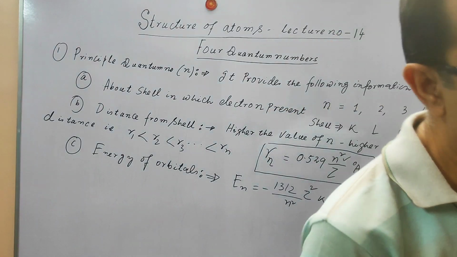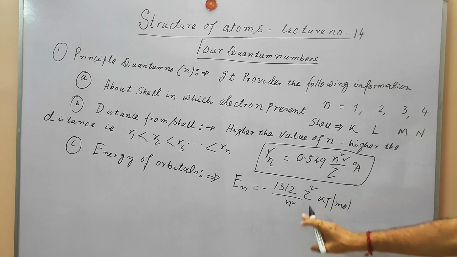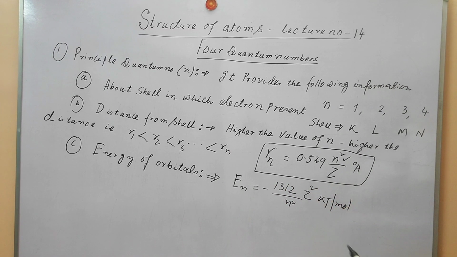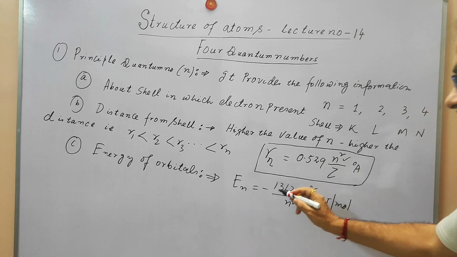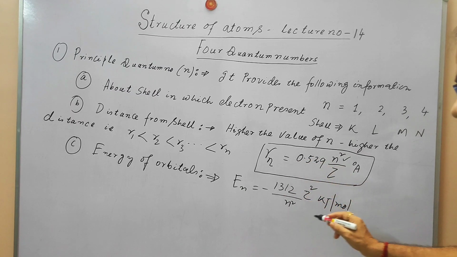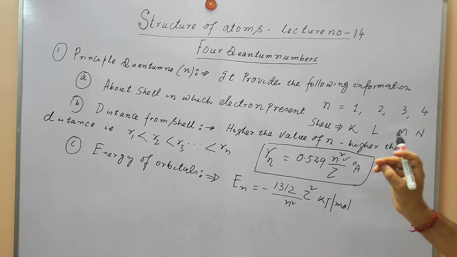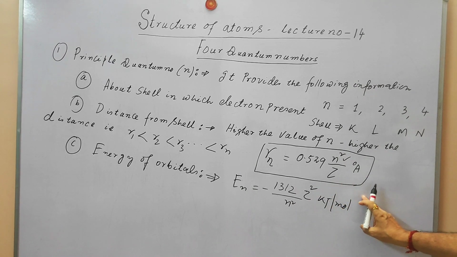The third information you can get from the principal quantum number is the energy of the orbitals, where En is given by minus 1312 n square by... Z square by n square. As n increases, this value becomes less negative, meaning the energy increases. This is in the unit of kilojoule per mole.